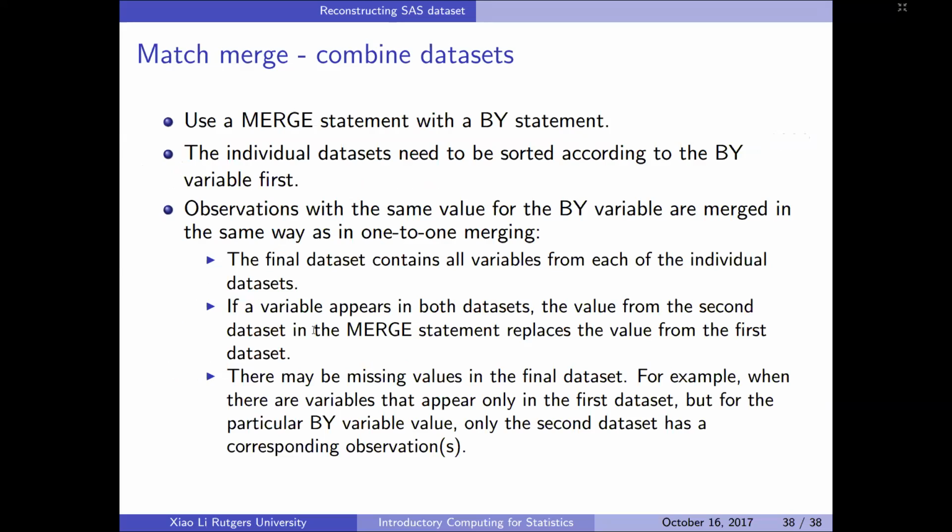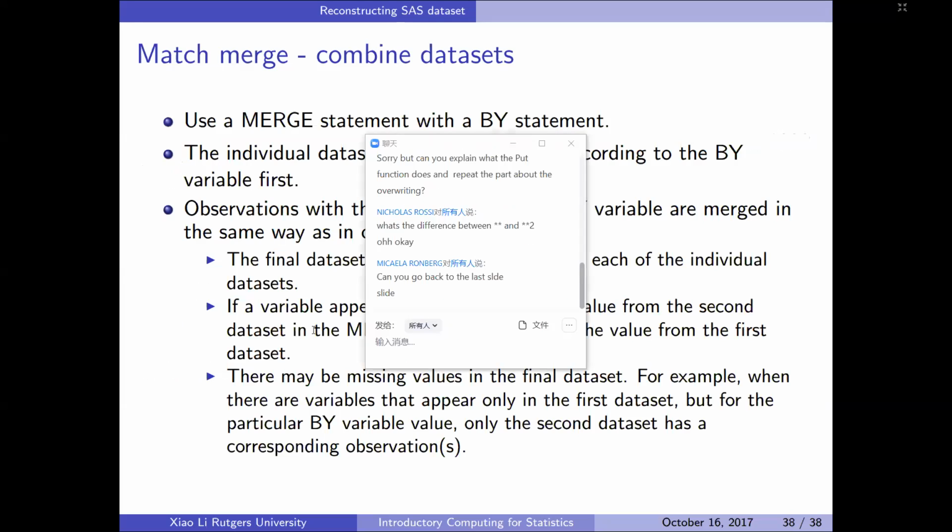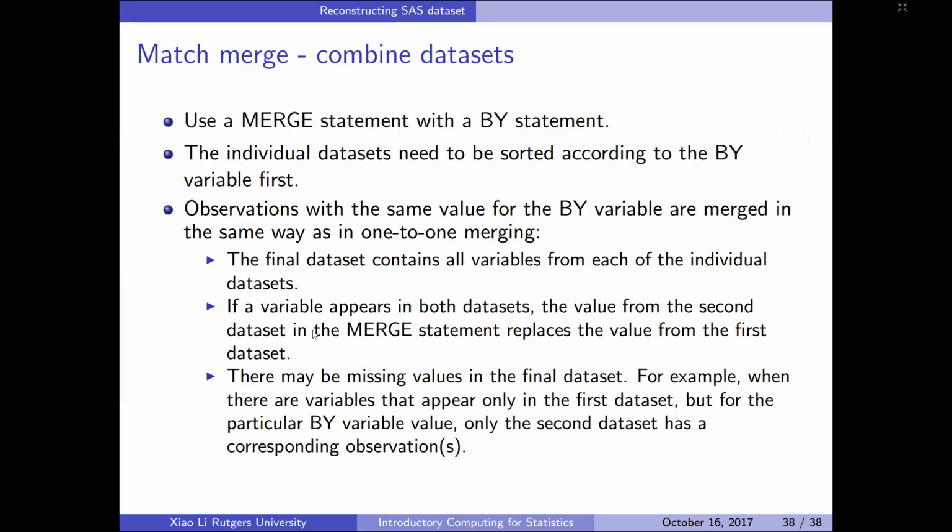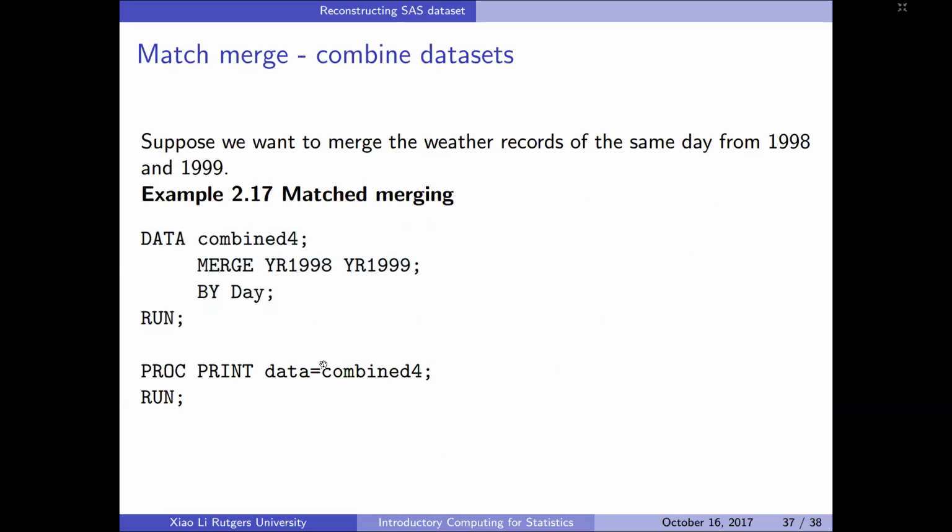About match merge, there are several notes here. We always use a merge statement with a by statement. Do you mean this slide? This one, we begin with a merge statement and a by statement.